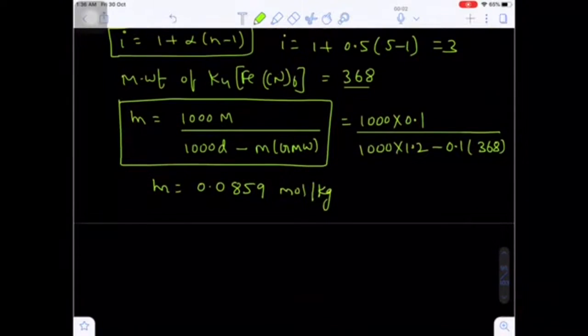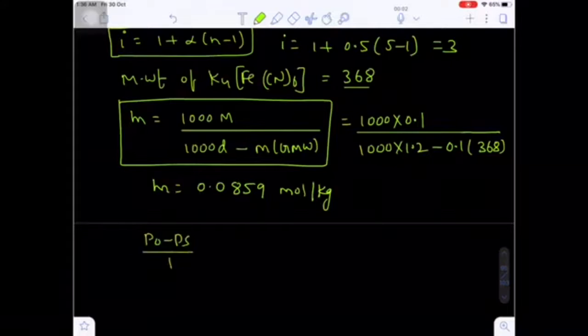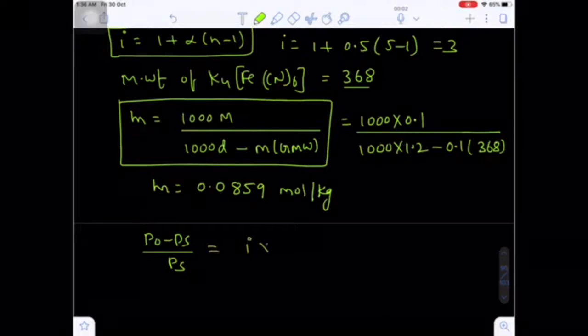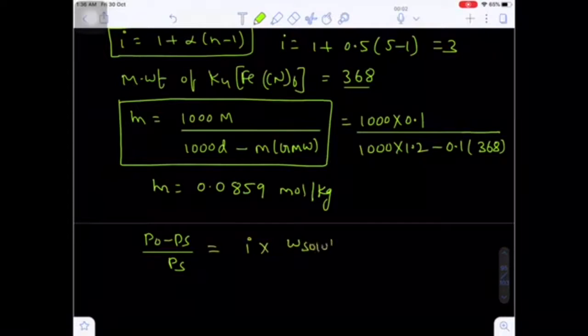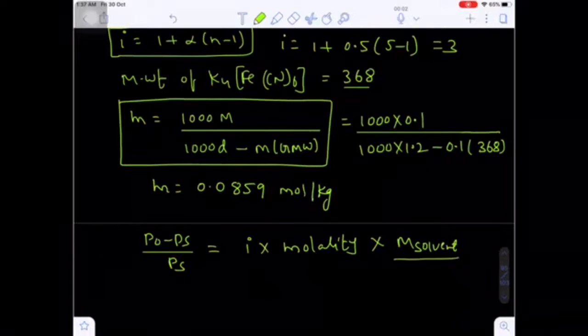Now what is the formula here? (P naught minus PS) by PS. Remember, in the denominator I am taking the PS. This is equal to iota into weight of solute. Otherwise, simply we can directly use the formula molality into molecular weight of the solvent, whole divided by 1000.